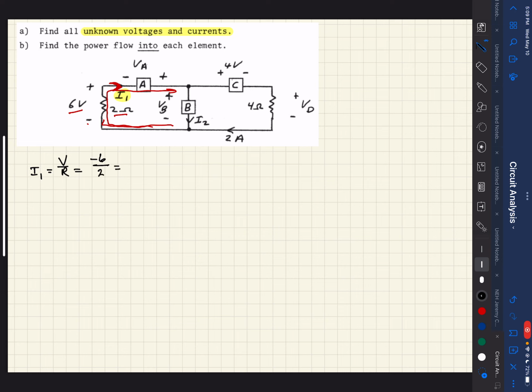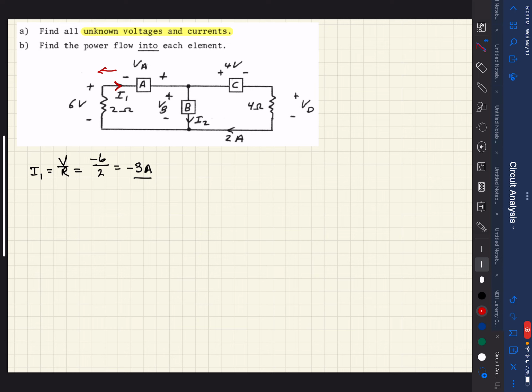And so that's going to equal minus 3 amps. The reason this is minus is because it's in the opposite direction of the way that it's shown here. So let me clean this up. You can see that we defined the direction as this way for the current, but in reality, it's traveling that way. So that's why it's negative 3 amps.